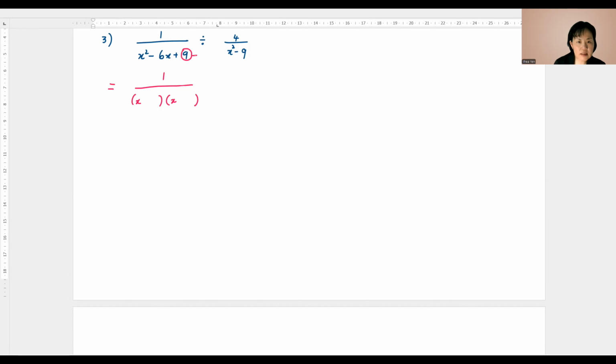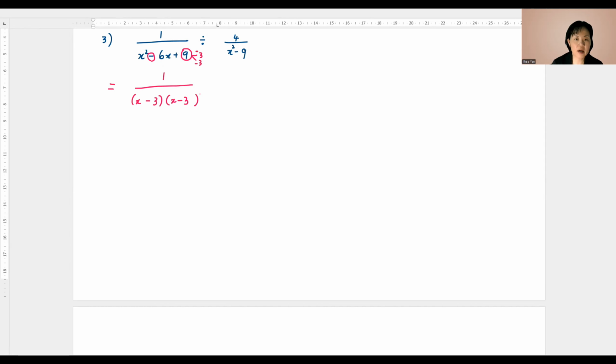This one is a square number, 3 squared is 9. And when you add this together, you'll get 6, but we've got negative there. So what I'm going to do is put minus here. So when I times them together, 3 times 3 is 9, but when I add them together, negative 3 plus negative 3 will give me negative 6x.